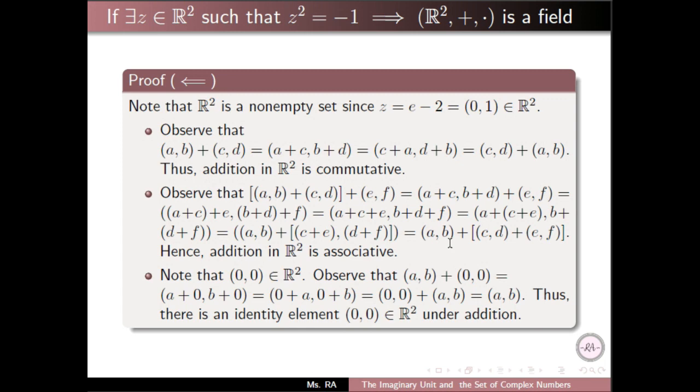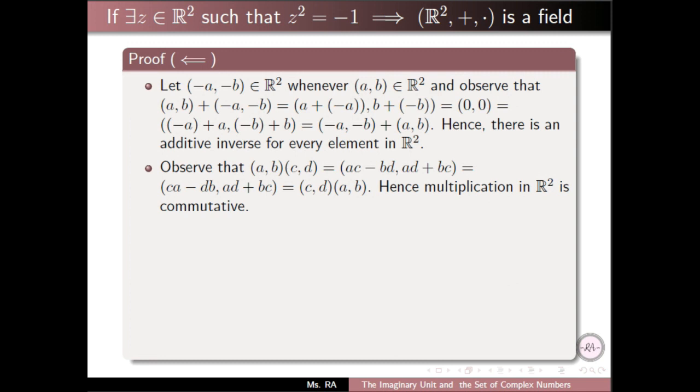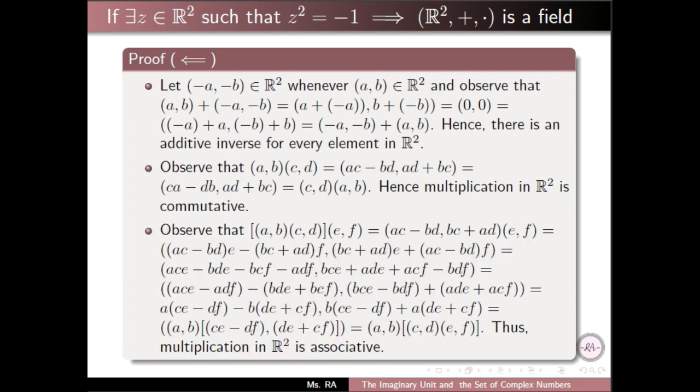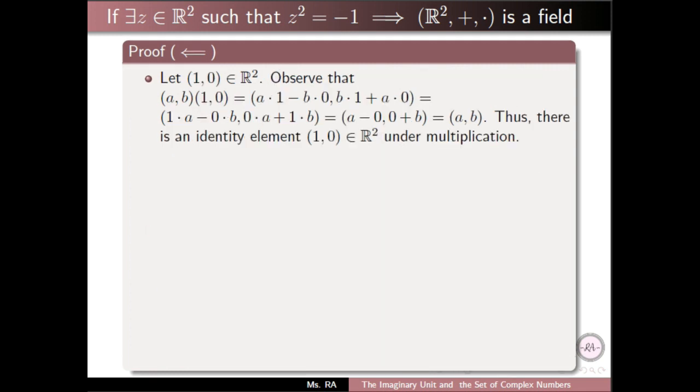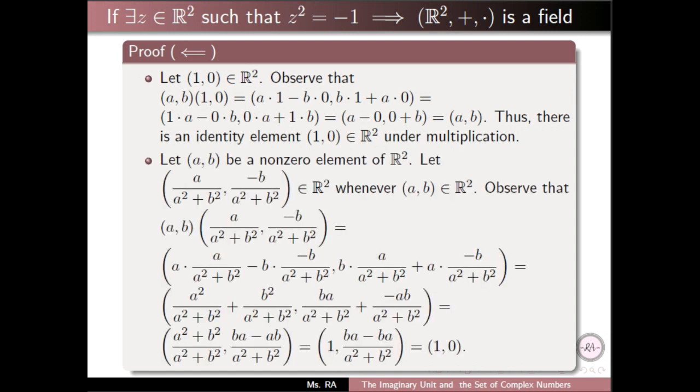It's long, but it's pretty straightforward because you just have to use the properties for the set of real numbers alone, and of course use the definitions for vector addition and multiplication that we defined a few moments ago. It's just long, but it's not really complicated. So I'm not going to be doing this one by one.